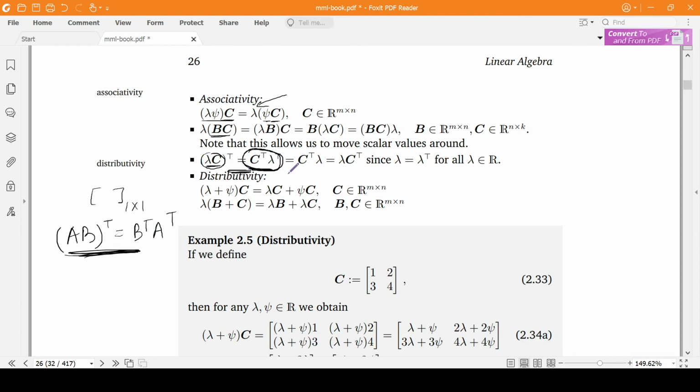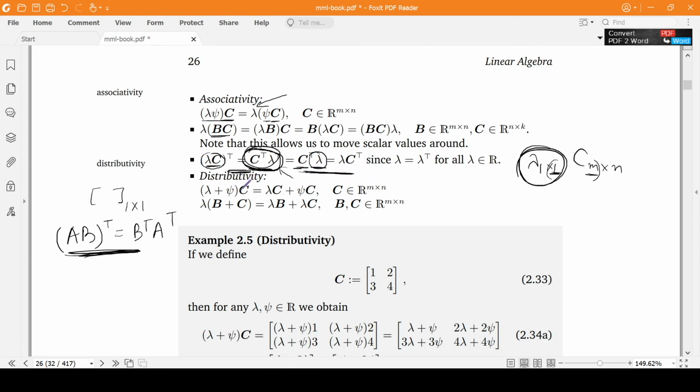But I think we should not take it literally, because lambda, if it is a scalar, or I should say a real number, would be a one by one matrix, but C can be any m by n matrix, and the number of columns and number of rows will not match. So I should not write it this way. I should rather simply say that it is equal to C transpose times lambda, because transposing a scalar real value doesn't make sense. It will just keep the real value as it is. So this is the correct way to look at this.